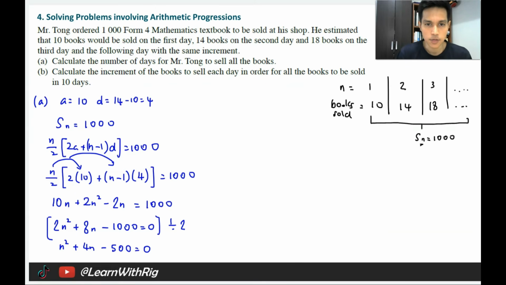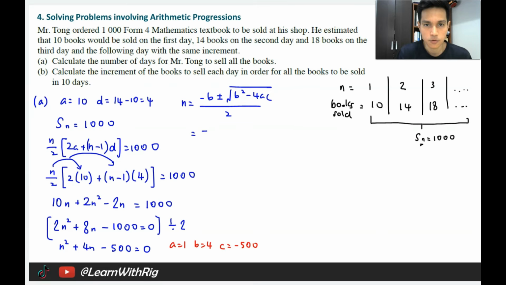So from here, what is your A value? A value is 1, B value is 4, C value is negative 500. So to solve this, n equals to, remember what's the quadratic formula? Negative b plus minus square root of b square minus 4ac, over 2a.